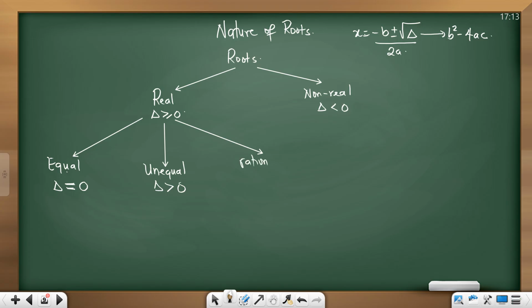And for it to be rational, my discriminant must be a perfect square. Just understanding this alone, you are 95% done with nature of roots. Just this little explanation, you're good. All you need to do is to figure out b squared minus 4ac.